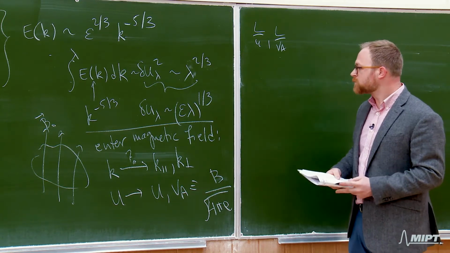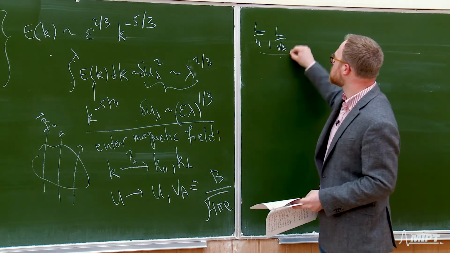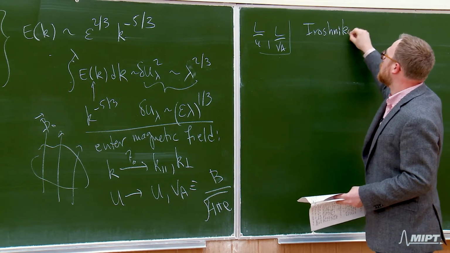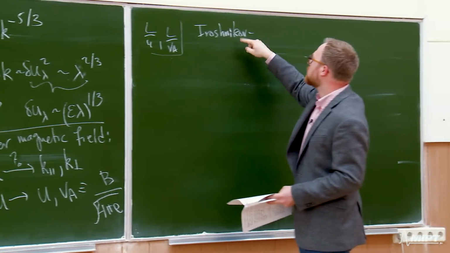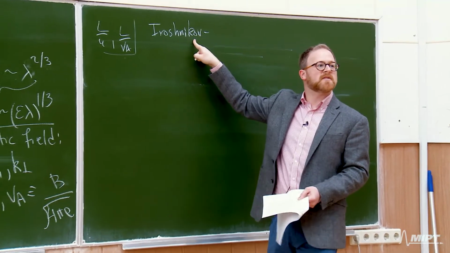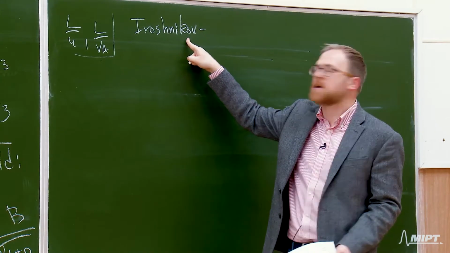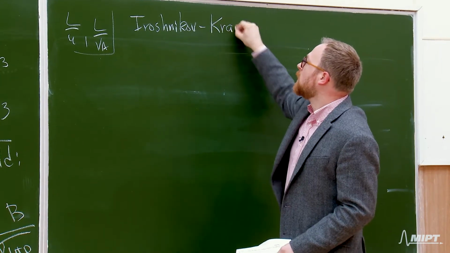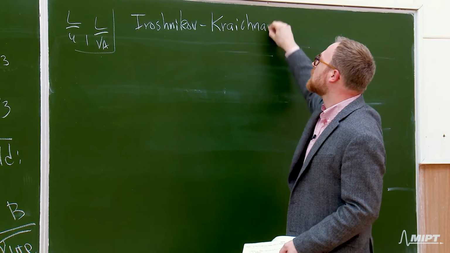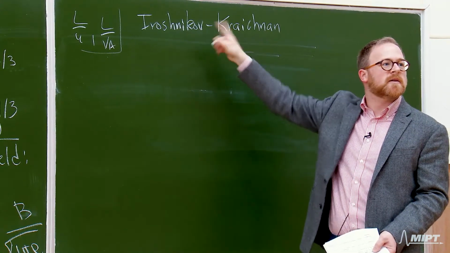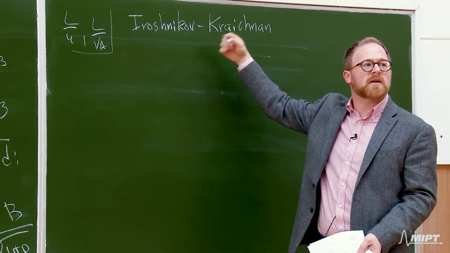And so the first choice that was made was first done by Iroshnikov, but his paper largely was just not appreciated. It was followed by Kraichnan, who got the early credit until Iroshnikov's work started getting appreciated.